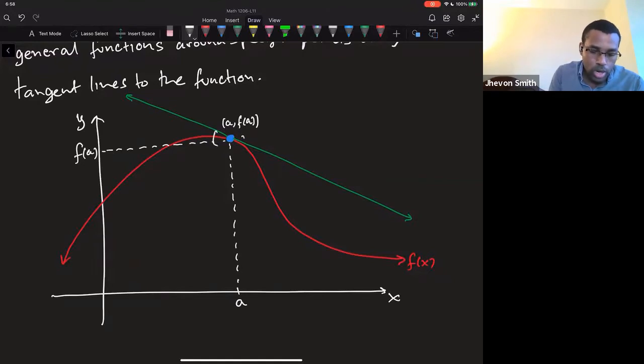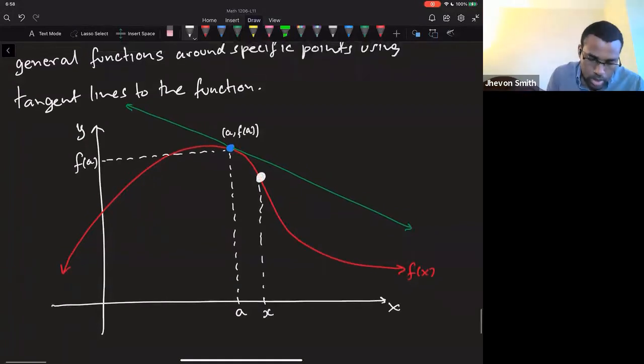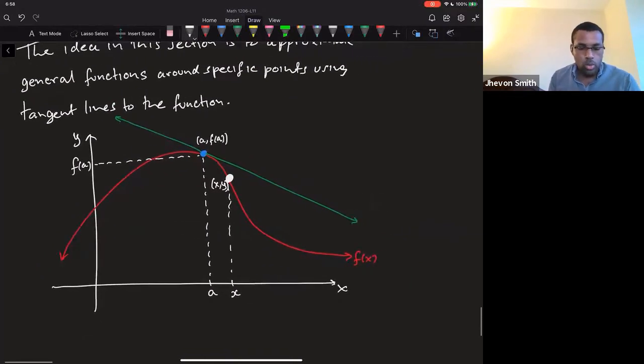We might even know what's going on at a, but we want to know, if we're close to a, what's going on. So there's another point that we care about. Let's call that x. It's right here. So there's a point x comma y, and let's say I want to approximate what the output of the function is at that point. There are two ways you can do this.